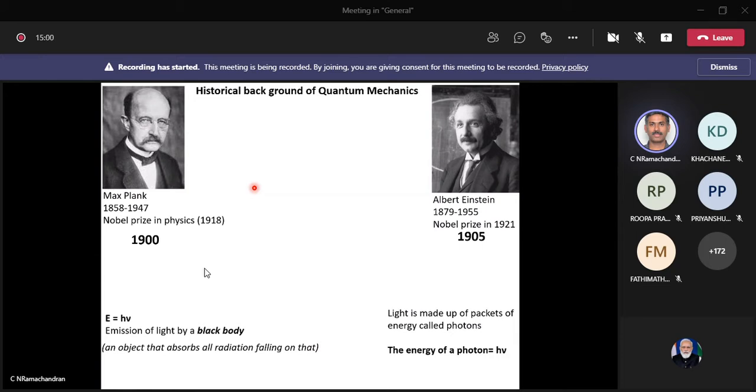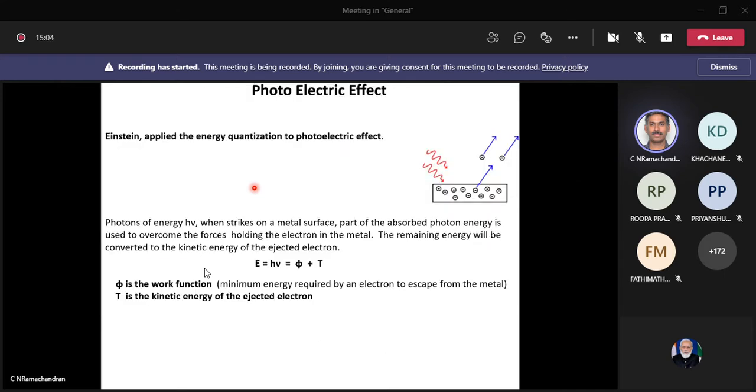That means light in packets of photons is just like a particle nature, and the best experiment to prove that is the photoelectric effect. You are aware of what the photoelectric effect is, and it is also demonstrated here using a picture. If electromagnetic radiation of suitable frequency or energy falls on a metal surface, then electrons are ejected.